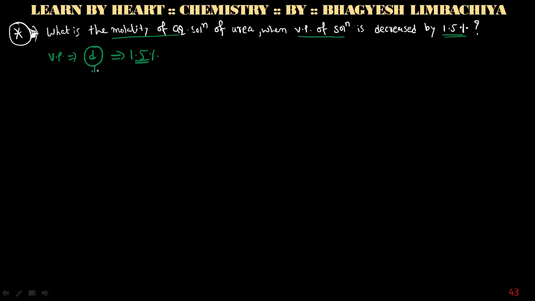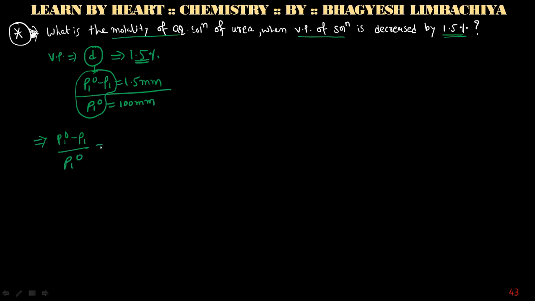Decrease means P10 minus P1 is 1.5 mm when P10 is 100 mm, because percentage is calculated with respect to 100. Okay, so indirectly you are given P10 minus P1 upon P10 is 1.5 by 100, and according to Raoult's law P10 minus P1 upon P10 is 1.5 by 100.